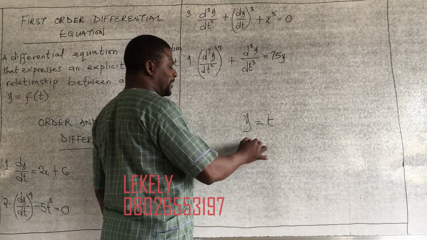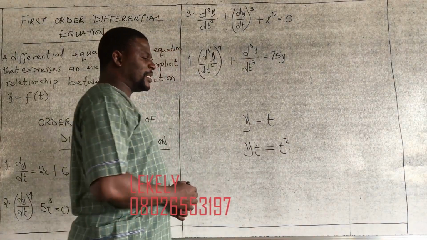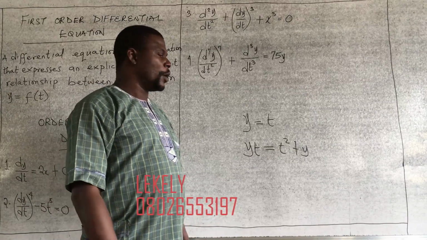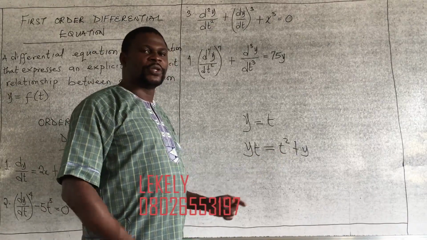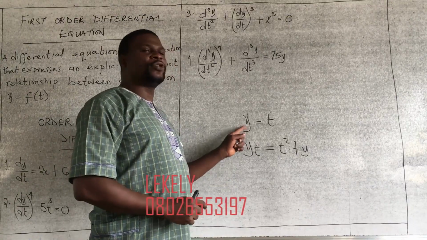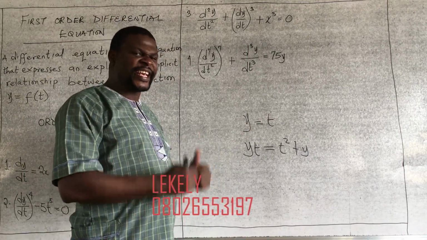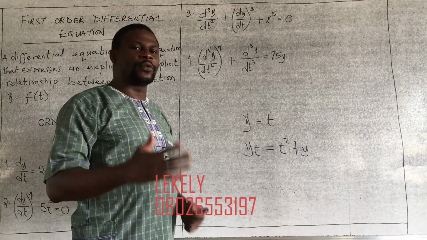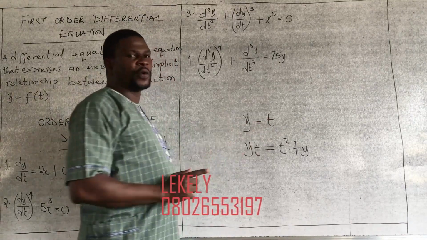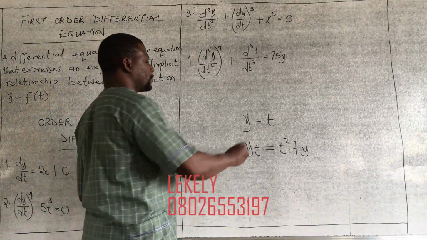But if I have yt, for example, and I have t squared plus y, this is an implicit function. Why? On both sides of the equation, I have y and t together. That is implicit. But when I just have y on one side and t on the other side, that is an explicit function. So a differential equation can either be an explicit function or implicit function. That is what the definition is saying.